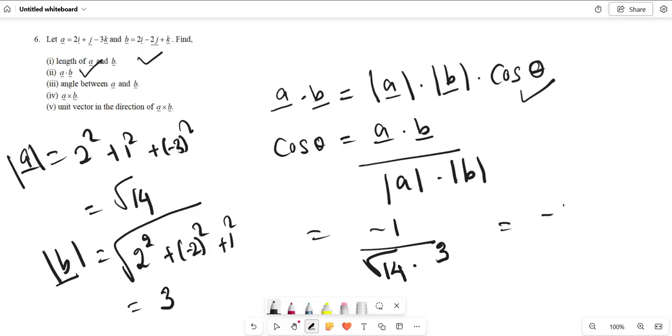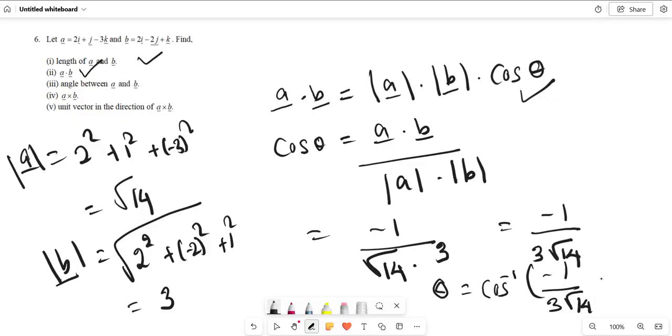So the answer is minus 1 divided by 3 times square root of 14. So theta is the cos inverse of minus 1 divided by 3 times square root of 14. You can take it to decimals and get the answer.